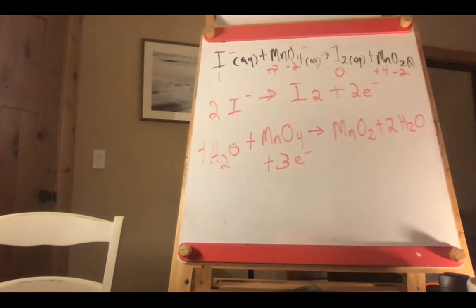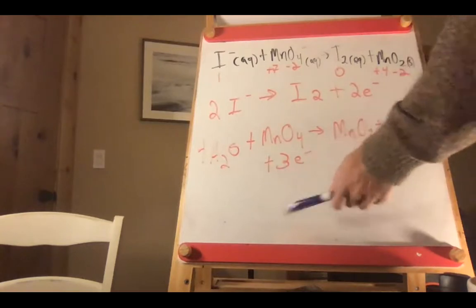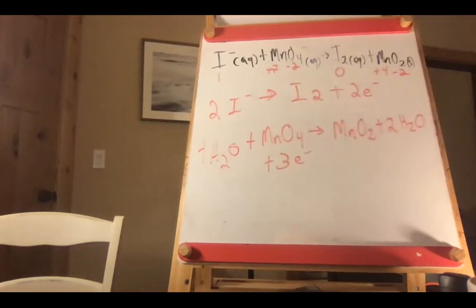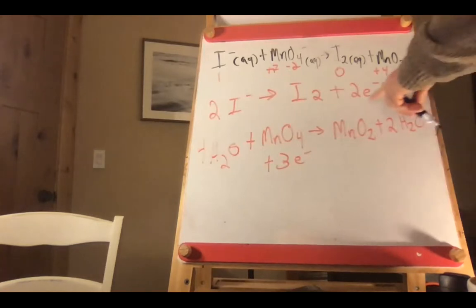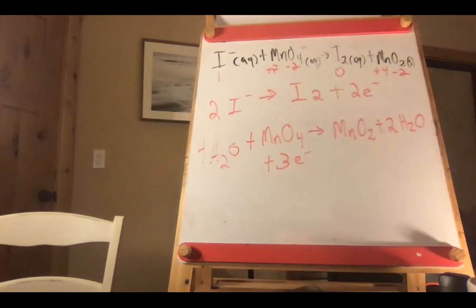And then next, we need to essentially balance those electrons, right? So we have 3 on this side, we have 3 here, and we have 2 here. We need to balance them so that they're the same, so we can essentially cancel them out later on. So 2 and 3, you multiply them together, you get 6, right? So that's what they share.